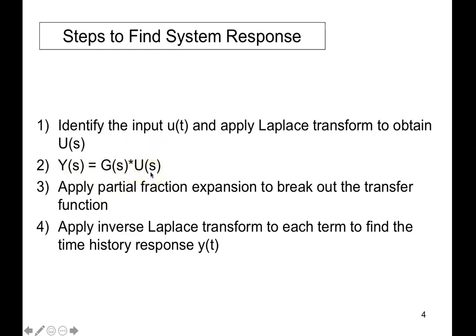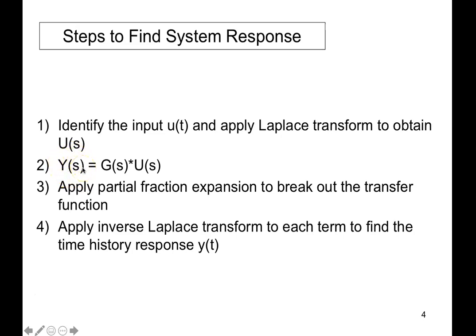But that will only give me Y(s), or the Laplace transform of the output response. But I want to see y(t), I don't want to just Y(s). So to find that, we need to apply an inverse Laplace transform.